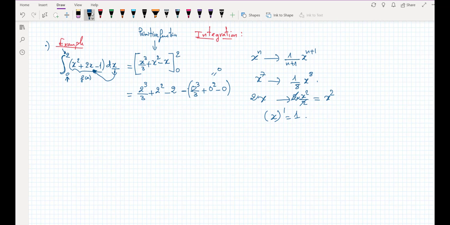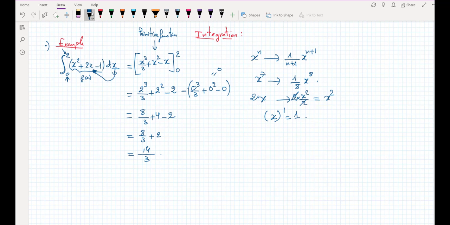This is equal to 0. So if we calculate this, we find 8 over 3 plus 4 minus 2. It's 8 over 3 plus 2. It's exactly 14 over 3.